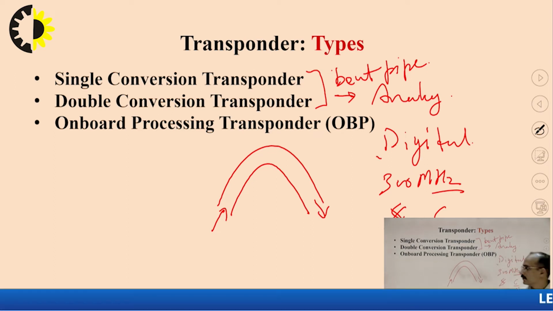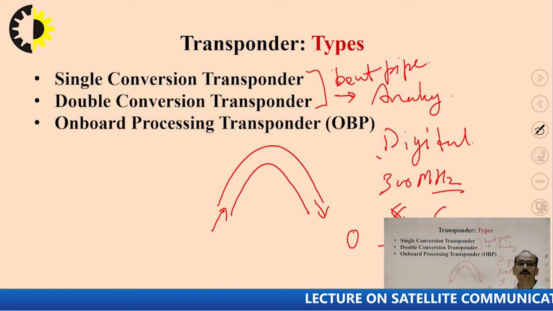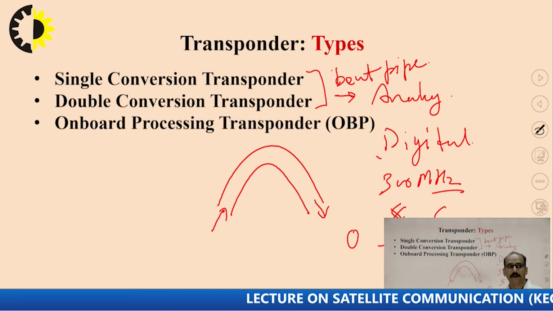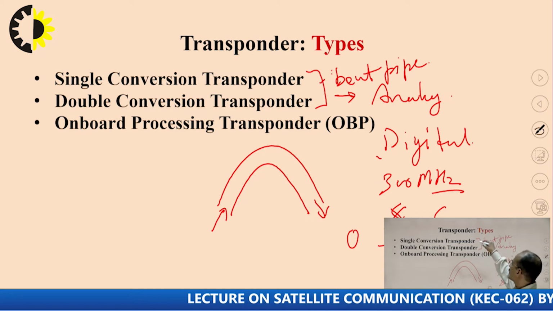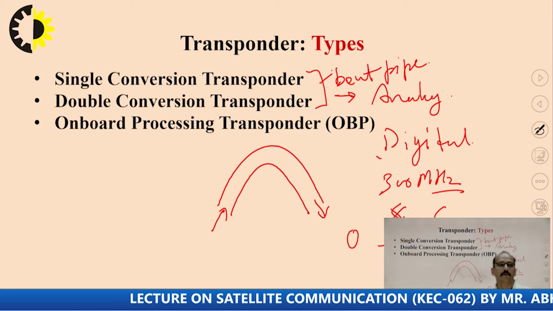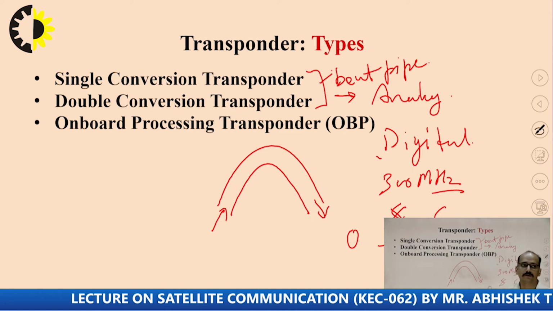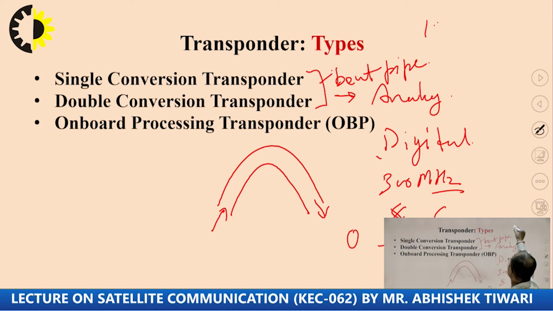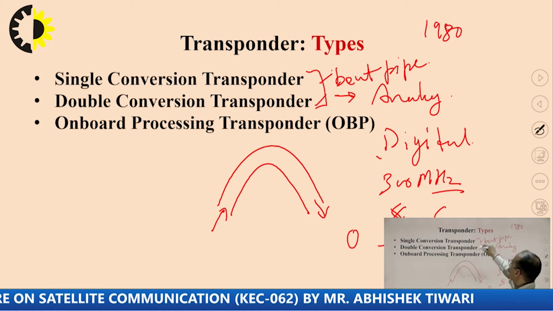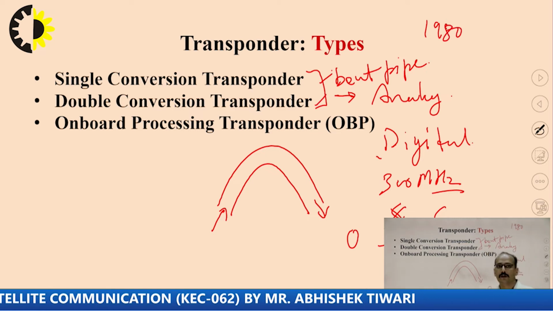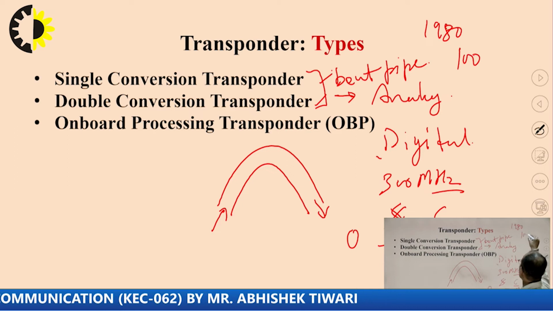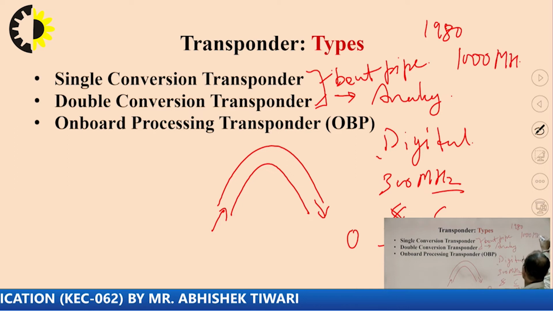It means that the band from 0 to 500 megahertz soon became congested due to multiple operators, and the single conversion transponder became out of focus. So after the 1980s, the double conversion transponder came into the picture, which is capable of handling a 100 megahertz band.